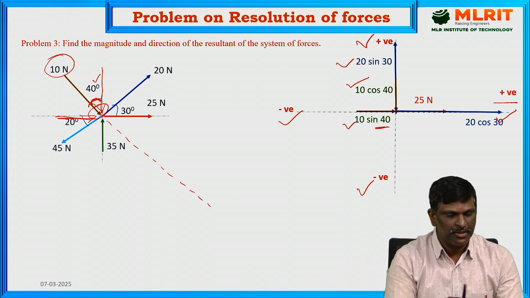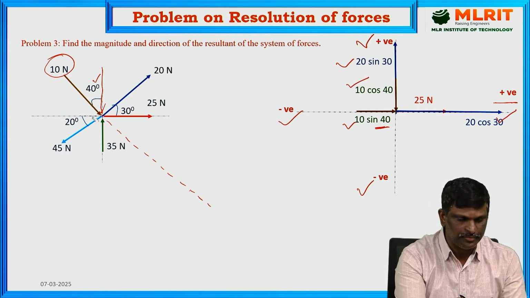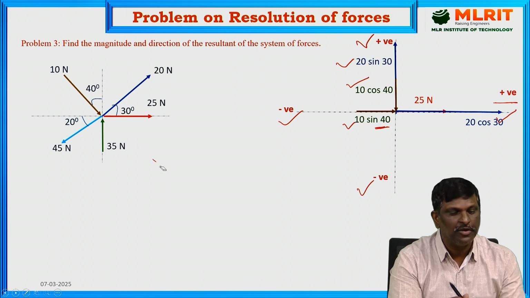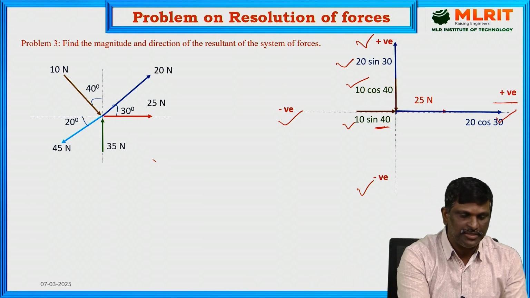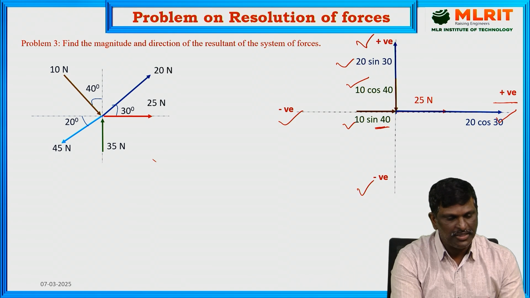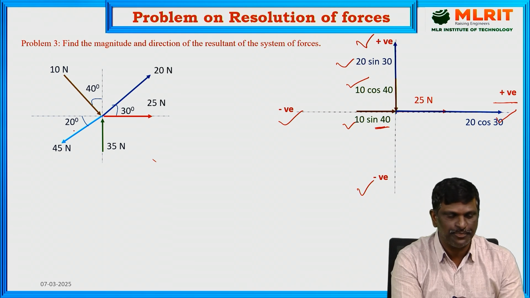Now look at another force, 45 newtons, which is making an angle of 20 degrees to the horizontal. The horizontal component for this force is 45 cos 20 and the vertical component is 45 sin 20.